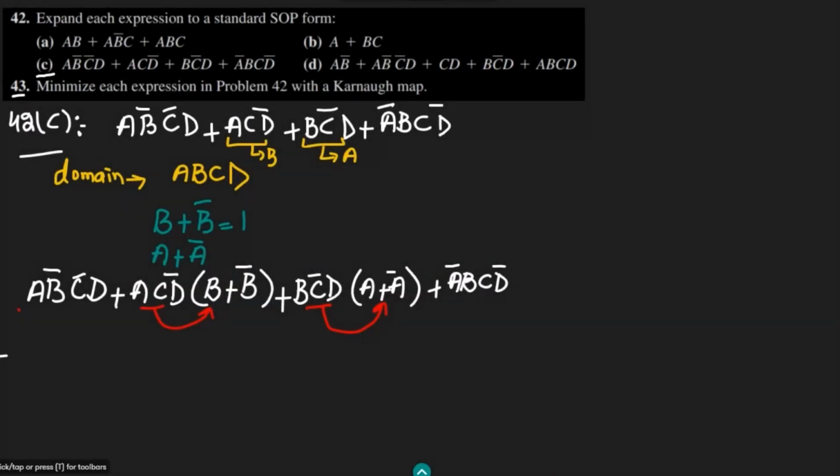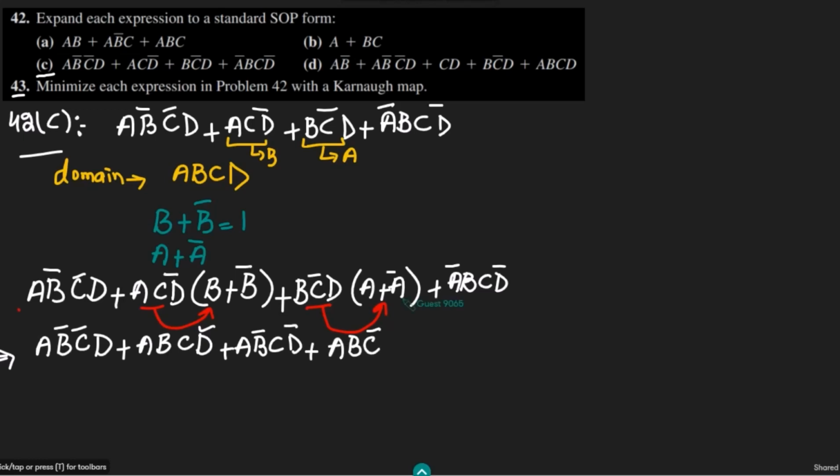The simplified terms are AB'C'D plus ABCD', and AB'CD'. Similarly, multiplying this term here I will get ABC'D, and here we have A'BC'D. And the last term here is A'BCD'.